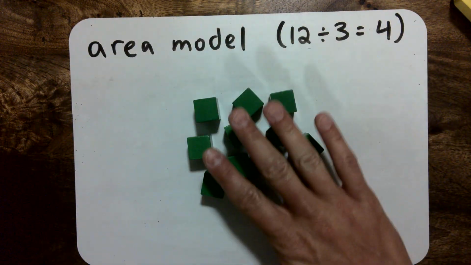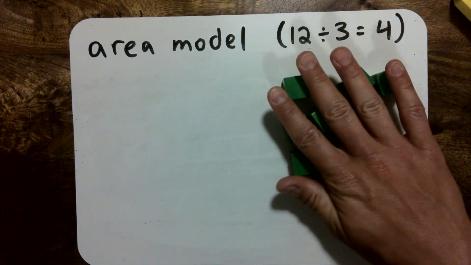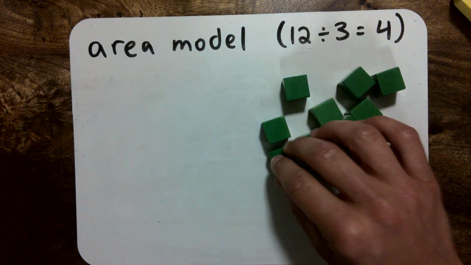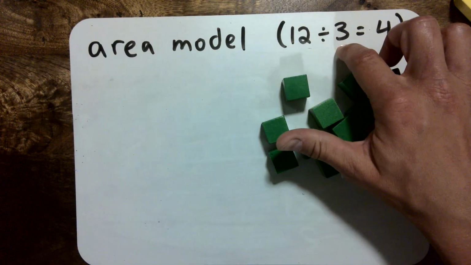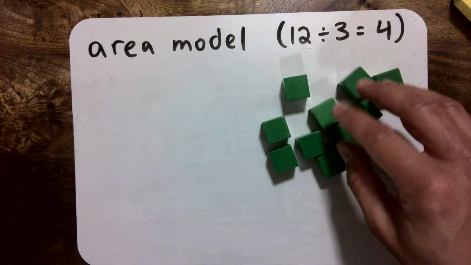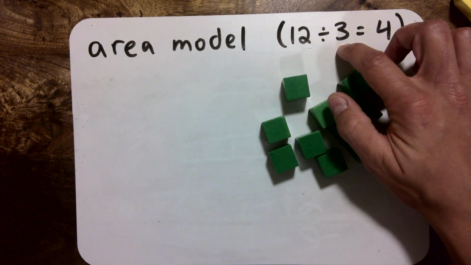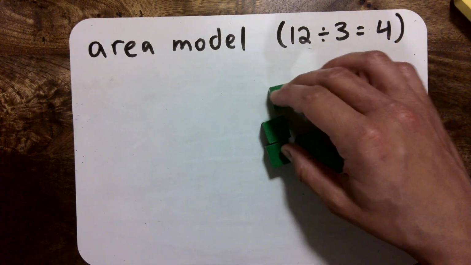So this is my starting amount of 12 square units. All right, let me scoot this over a little bit so it's not in the way. So I'm going to interpret that groups as rows. So I want to create from these 12 square units an area model that has 3 rows, and I want to figure out what's the size of each row.